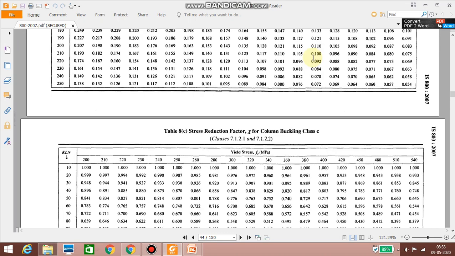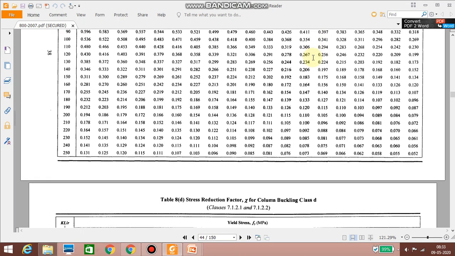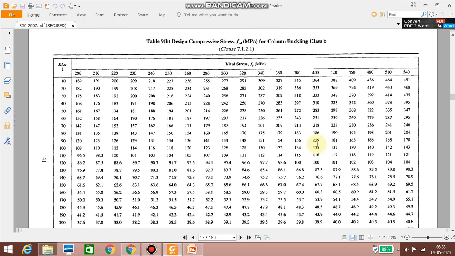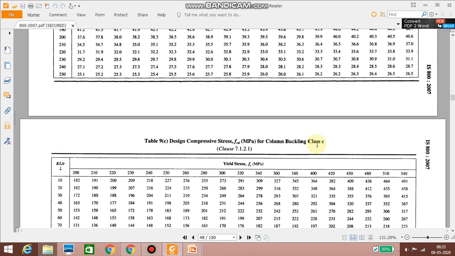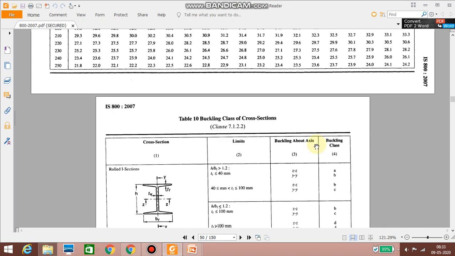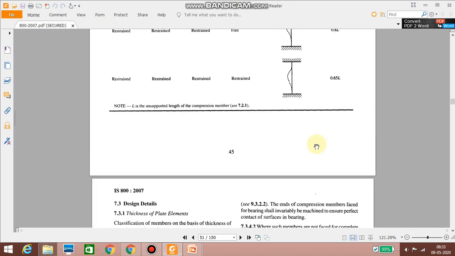Next one, 8c for class C, then 8d for class D. Similarly, design compressive strength values FCD for column buckling class A are given in table 9a, 9b is for class B, 9c is for class C and 9d is for class D. We will see them when we take a problem.